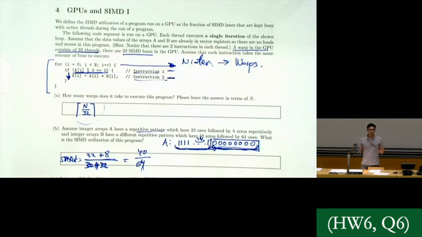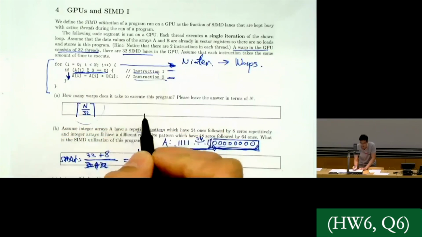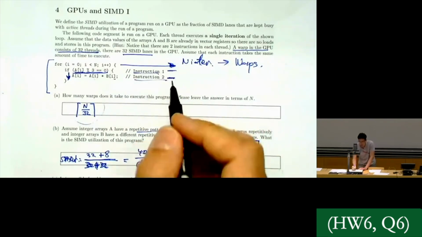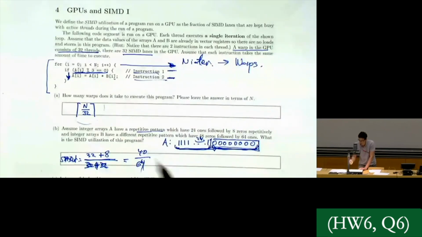The first possibility is that all threads in each warp execute instruction 1 and then they go into the body of the if statement and execute instruction 2. The other possibility is that all the threads in the warp execute instruction 1, but they don't execute instruction 2 because this if condition is not true for any of them.